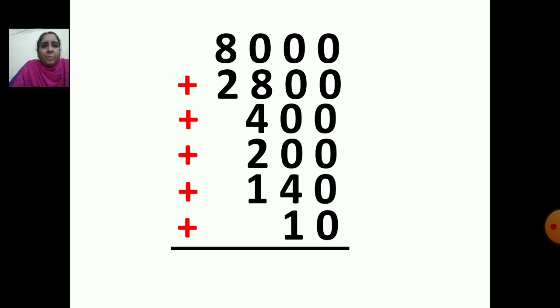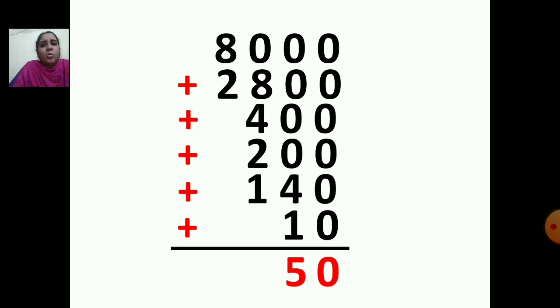After writing these numbers vertically, you have to arrange them right and then add. So we are going to start from units place. 0 plus 0, 0. 4 plus 1, 5. Very good. 8 plus 4 is 12. Right? 12 plus 2, 14.